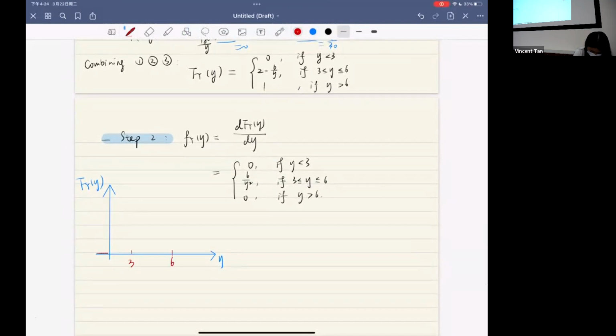For y smaller than 3 it is 0, and then it increases to 1. Yeah, this is the CDF. At the end, the CDF will increase to 1, and the CDF is always smaller than 1 because it's a probability.